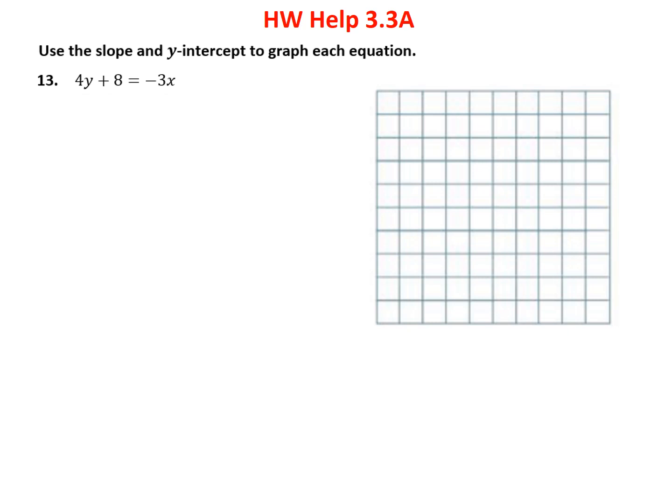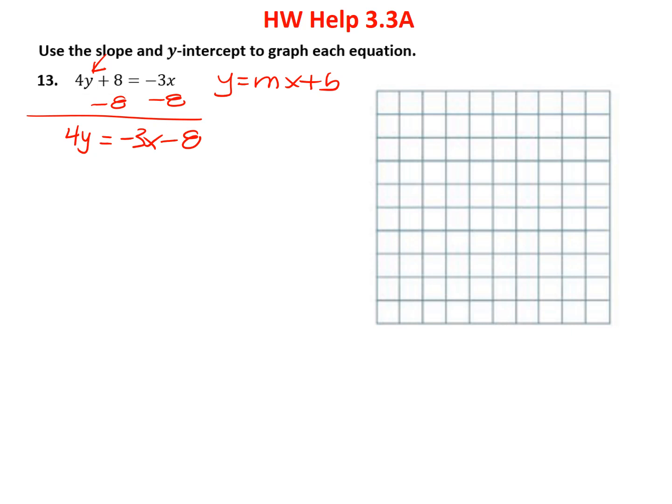For number 13 again, we need to get it in this form, y equals mx plus b. So as I look here, the first thing, I've got the 3x there, so let's get rid of the 8 here. I want to get the y by itself. Think of it as solving for y. So let's subtract 8 from both sides. And so now we have 4y equals minus 3x minus 8.